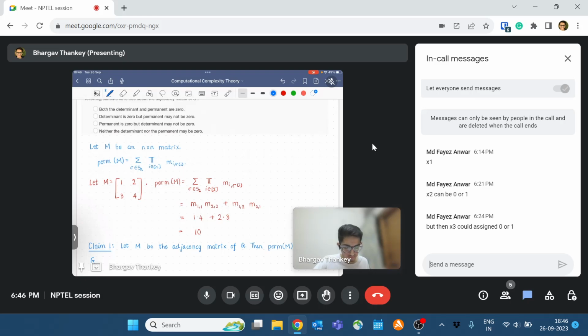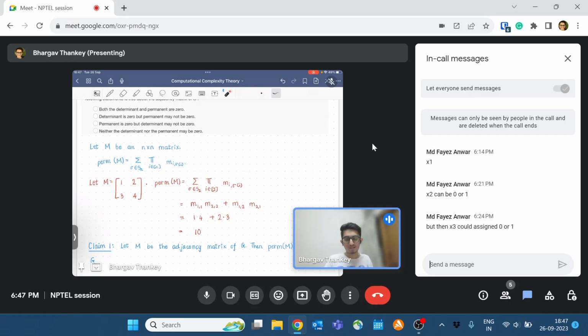Since no perfect matching is there, I can at least say that this permanent value is zero. So it rules out D, right? So these are ruled out. Now we have to decide what the determinant is.